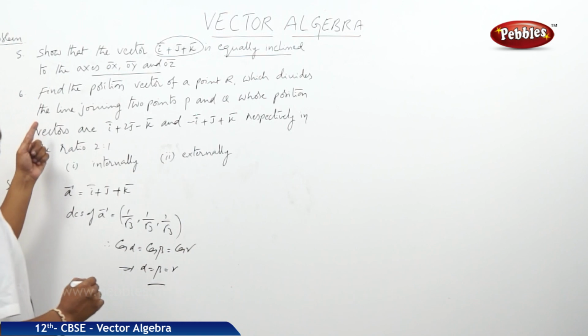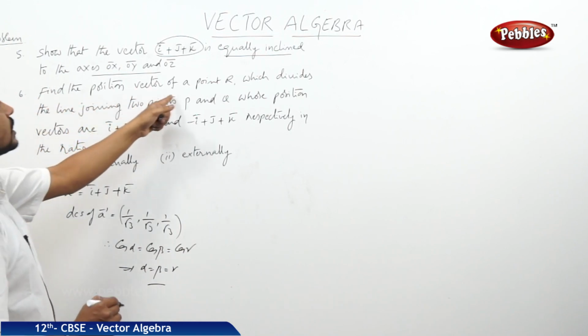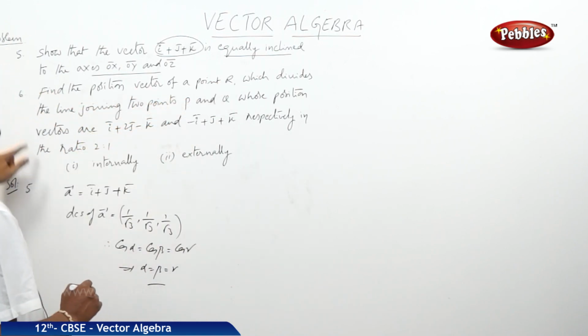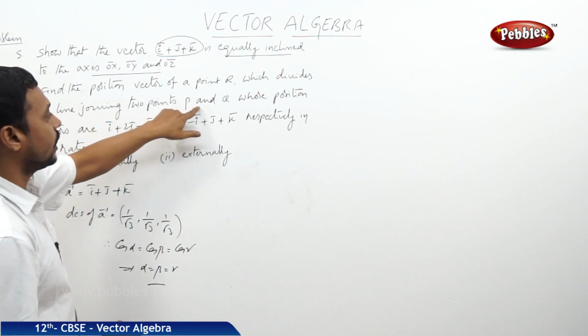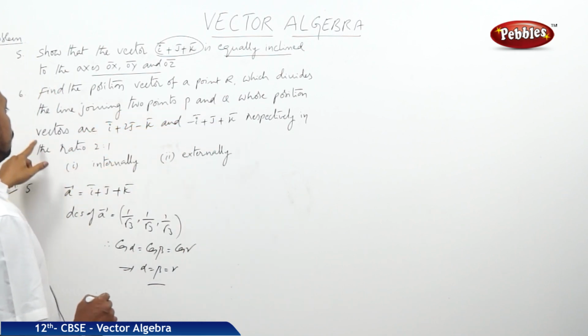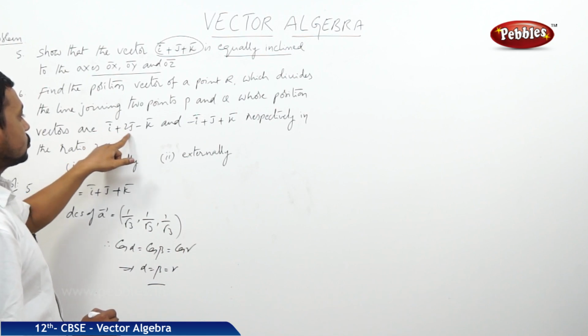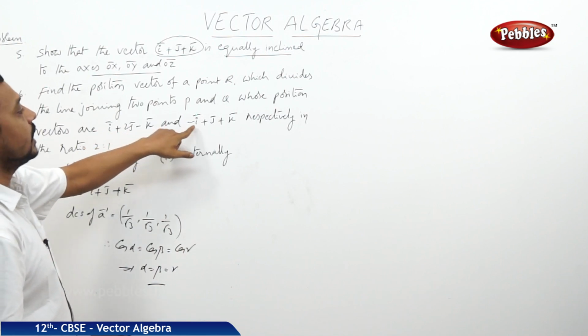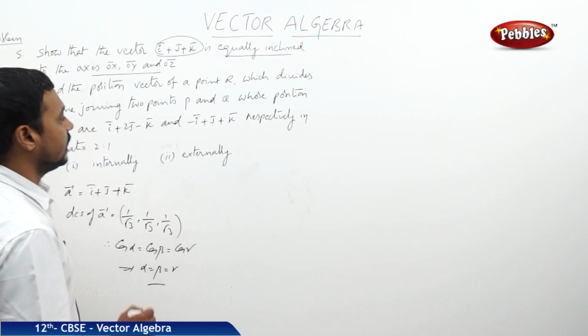Now the next question. Find the position vector of the point R which divides the line joining the two points P and Q, whose position vectors are i plus 2j minus k and minus i plus j plus k respectively, in the ratio 2:1 internally and externally.